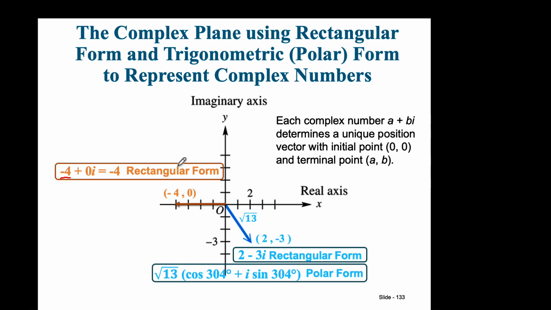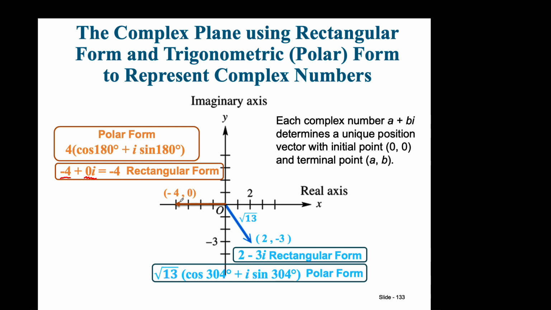For this one, we didn't move up or down. That's why the y-coordinate is 0. So the imaginary part is 0i. That would reduce to just -4. So the rectangular form for this complex number is just -4.